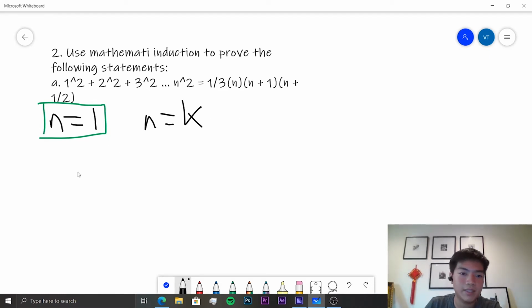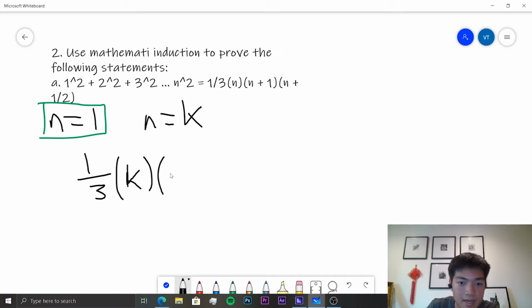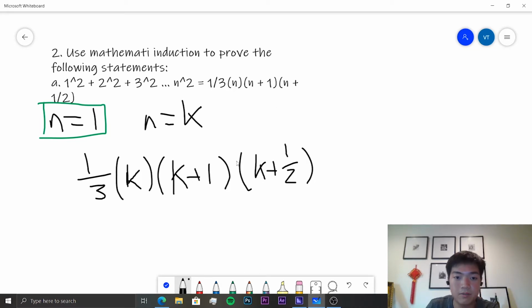We know the sum of the squares from 1 until n equals k will be equal to 1/3 times k times (k plus 1) times (k plus 1/2), will be the sum of those numbers.